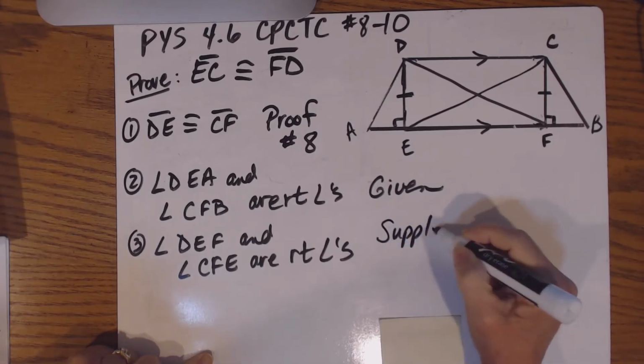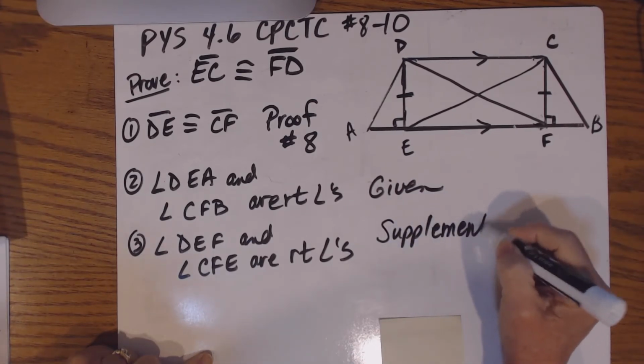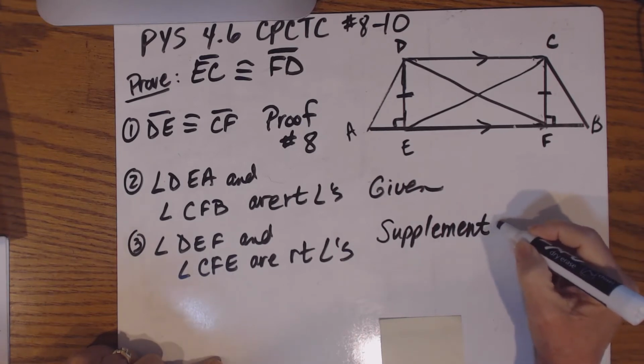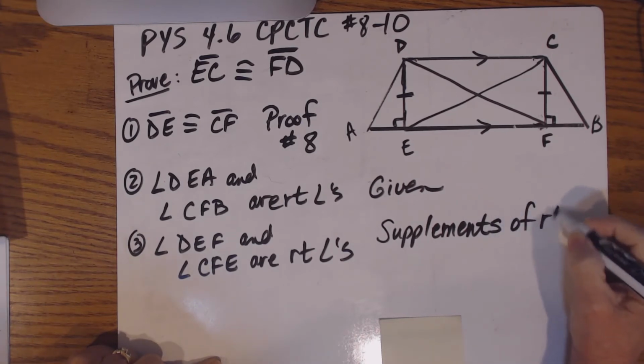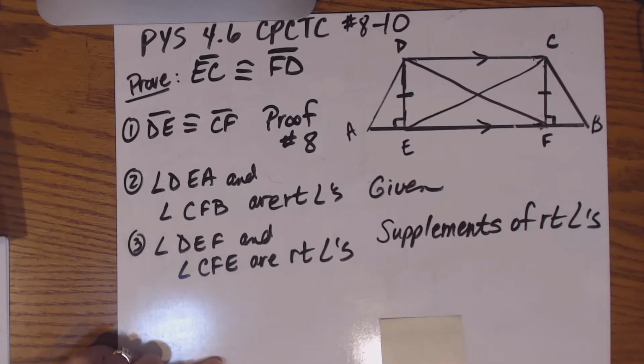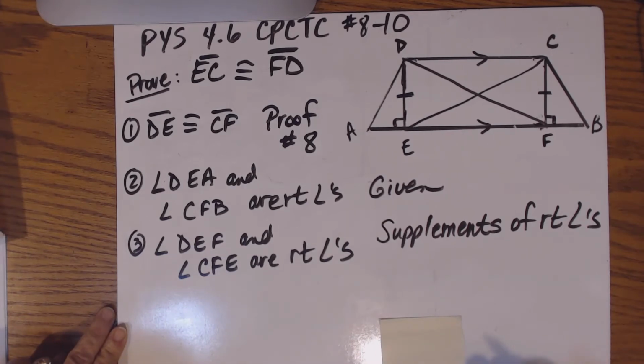That's something we're going to rigorously prove at some point, but it's one of our conjectures, supplements of right angles. Again, these are using some justifications we haven't used before, so that's why I like to go through these. It's also a reason to be having your conjecture list open in front of you, because you might find that something will make your proof much shorter and easier if you thought about it. But if you're always using the same reasons all the time, you're not necessarily going to be thinking about that.